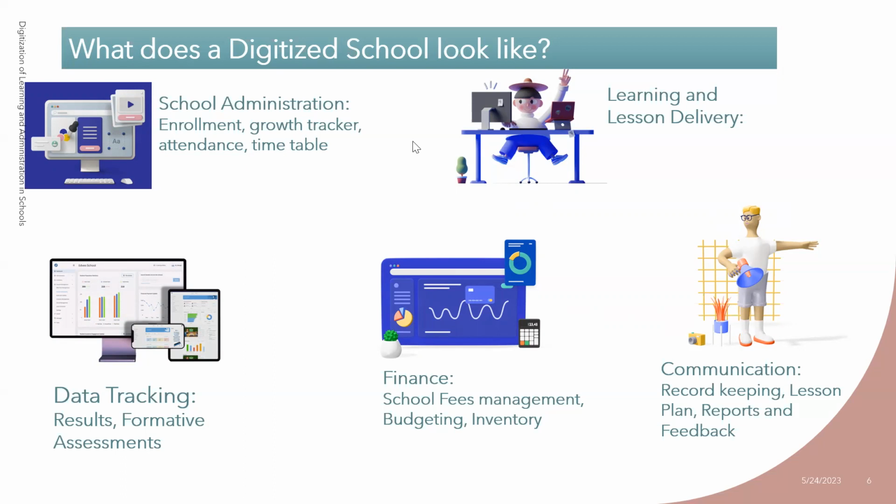A digitized school shouldn't still be having paper where you're writing names of students or marking register on paper and then even pasting papers all around, timetable all around, okay? It should be automated in such a way that you should be able to quickly get notifications when you have a class. You should get notifications when there's a new student joining, and several other things that should be automated.